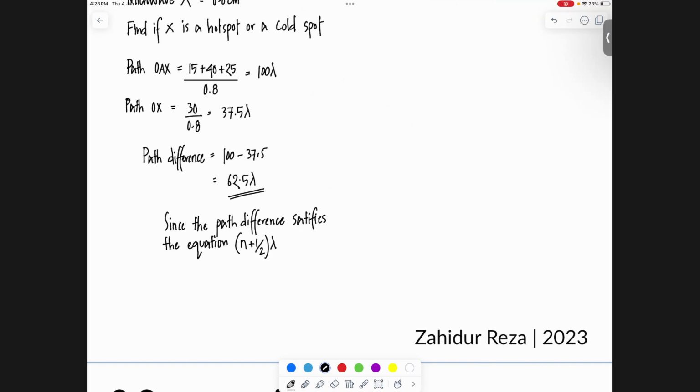So since the path difference satisfies the equation n plus half lambda, where n equals to 0, 1, 2, etc., we can conclude that x is destructive interference. Right, so that's what you do.